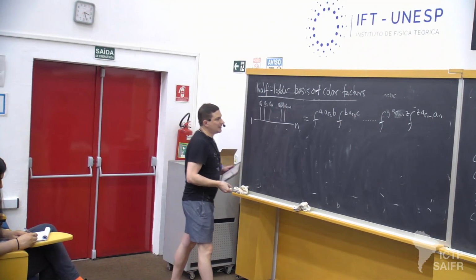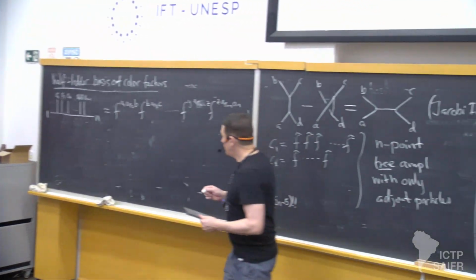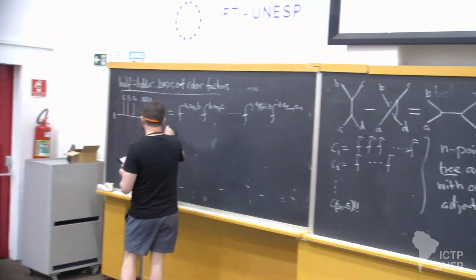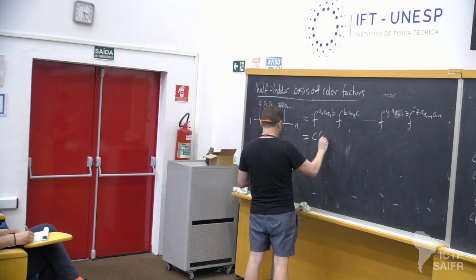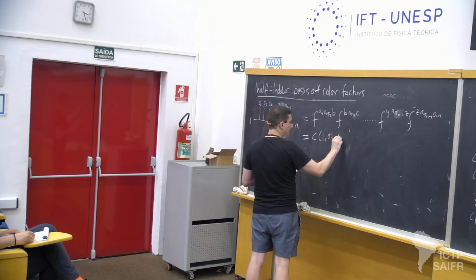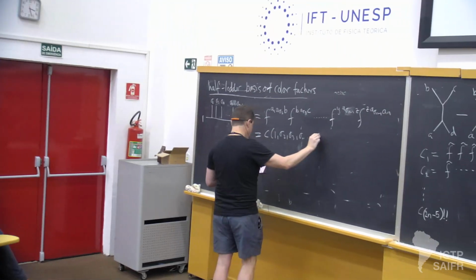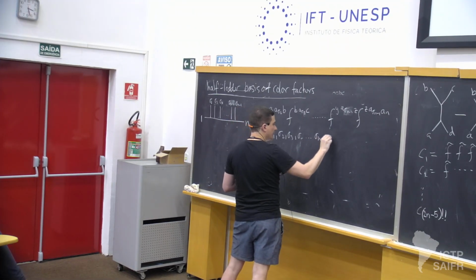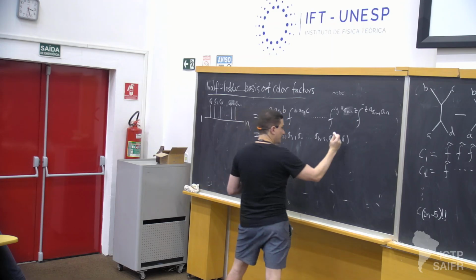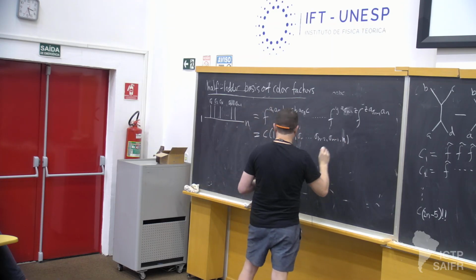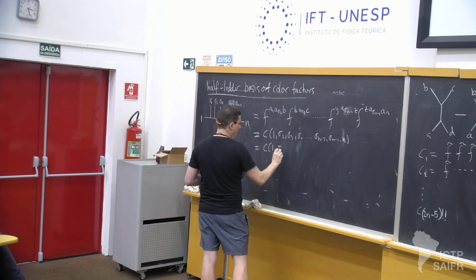So I can write that color factor and all its permutations on one line. And often we just give it a very generic name. We just call it C 1, sigma 2, sigma 3, sigma 4, sigma n minus 2, sigma n minus 1, n. Or if you wish, you can just call it C 1, sigma, n.